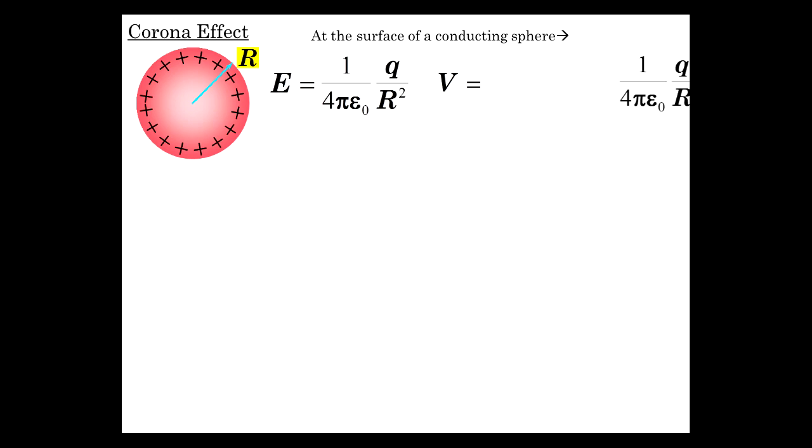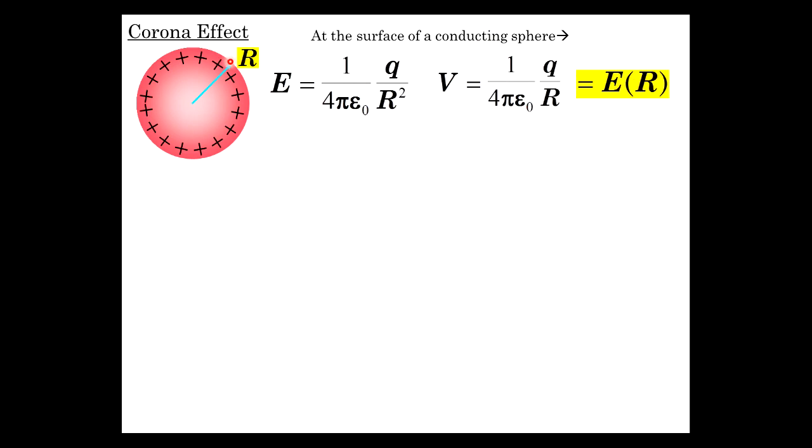The voltage is kQ over R at the surface, which happens to be E times R, which can be thought of as that electric field that exists here at the surface. If it was, I know it's not, but if it was constant through this space, then you integrate that and you would end up with the E field times R to give you the potential.